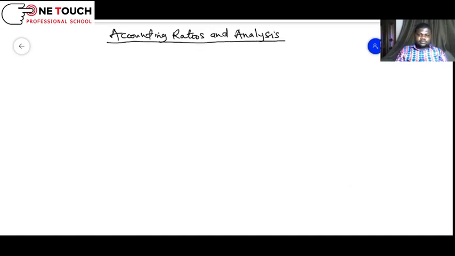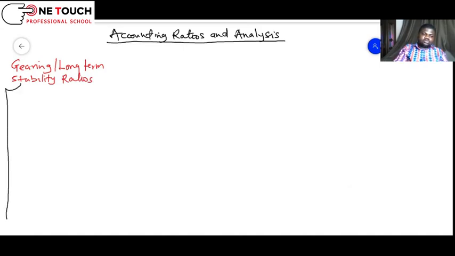Okay. So gearing. We are on gearing ratio. Others call it the long-term stability ratio. Long-term stability ratios.